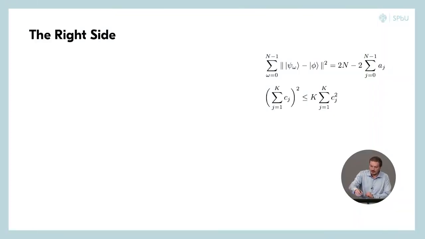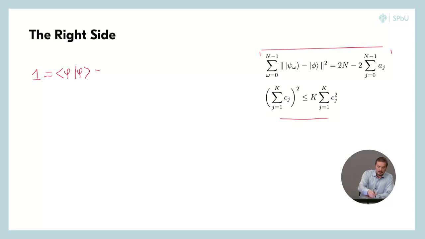So we have our expression for the middle part here, and we have our lemma. And let's recall that phi is a unitary vector, which means that the sum over all j of phi j times phi j star conjugated equals 1, which is the sum over all j of a squared plus b squared.